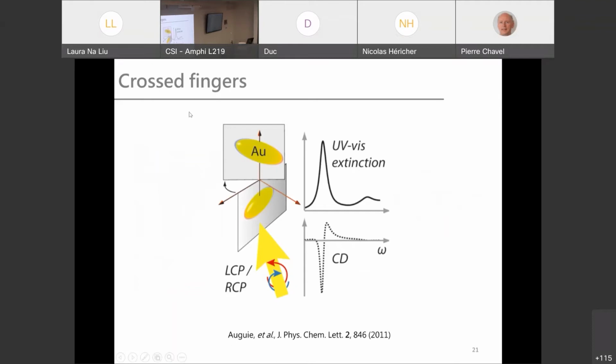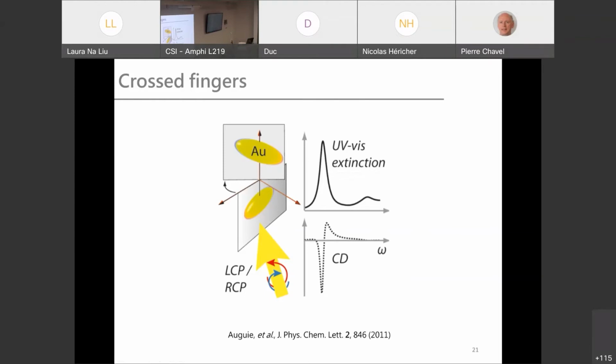They proposed this crossed-finger configuration. The cross-finger configuration is as follows. Instead of using spherical gold nanoparticles, which are quite small, they said, how about we use two gold nanorods, and then we displace them along the Z direction. These two gold nanorods can also interact with each other.